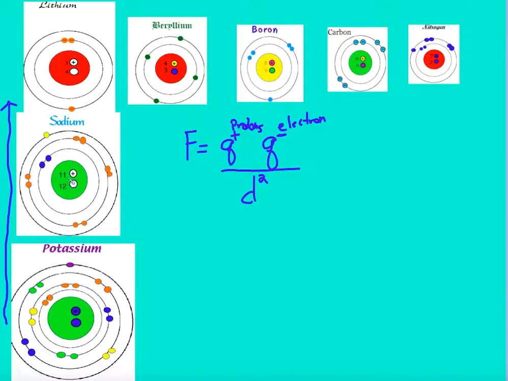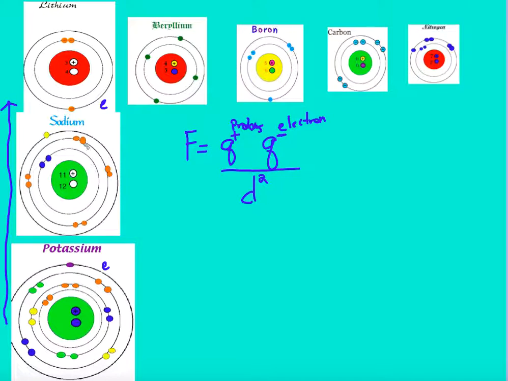Now, if we look at lithium, let's say there was an electron here that it was trying to attract, and we compare that to potassium. Which one's going to attract an electron better? Which one has a greater ability?